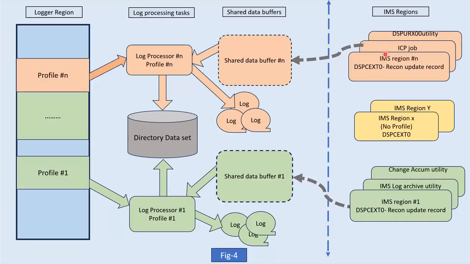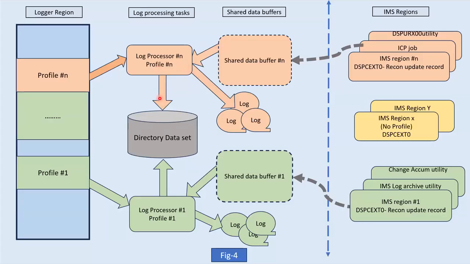Similarly, we have profile M. That uses a different set of recons. Again, if any of those jobs running updates a recon, it will have its own shared data buffer. It will write those records in their buffer. And then it also has a log processor, which will retrieve the records and write them to the log data set. And if it has to update the directory data set, it will update the directory.